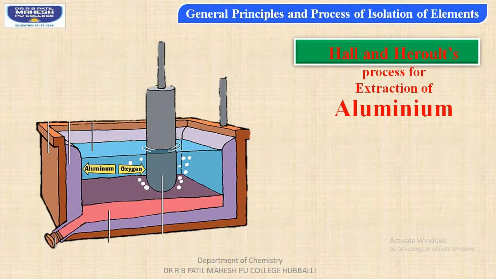In this case, students, we are using an electrolytic cell which is made up of an iron tank, and the inner lining of this iron tank consists of the cathode, whereas right at the center we are placing a rod which is called the graphite anode.